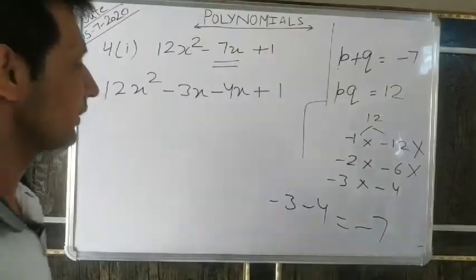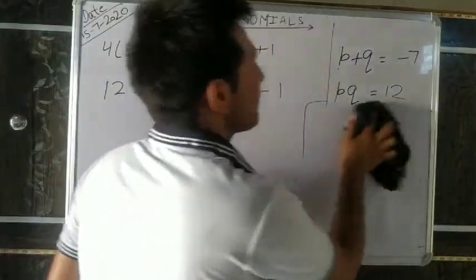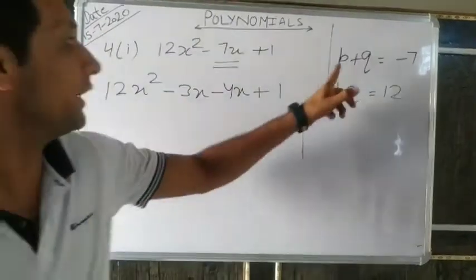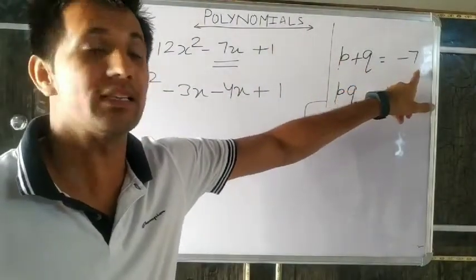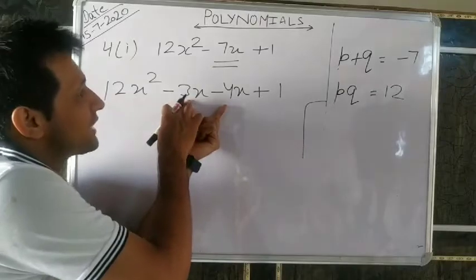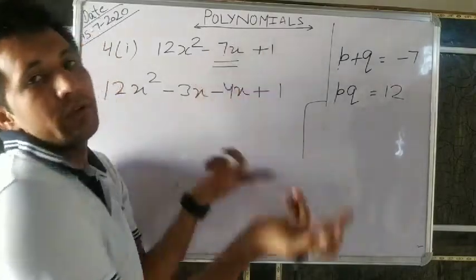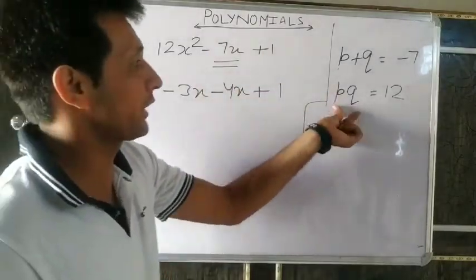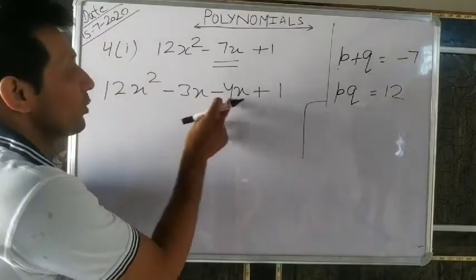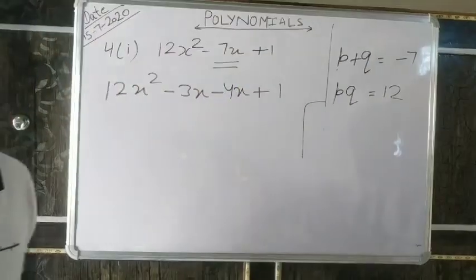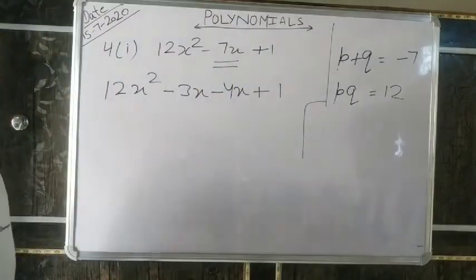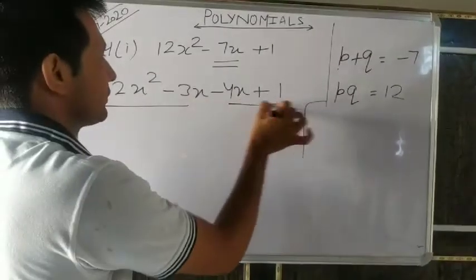Again, we split the middle term into numbers whose sum is minus 7: minus 3x and minus 4x sum to minus 7x, and the product is minus 3 into minus 4, which is 12, the same as 1 into 12. Understand? Now we will make pairs like this.